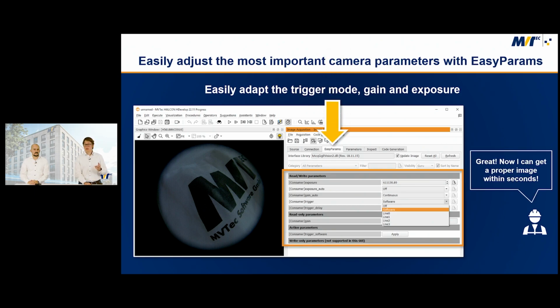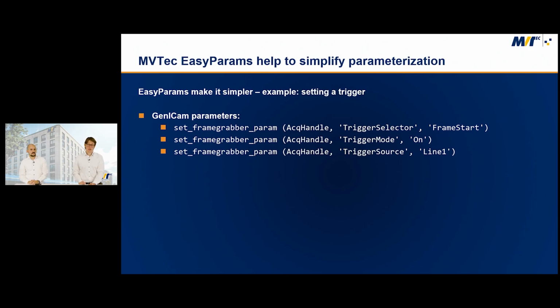Now we think that people who don't use the advanced parameters will be much faster in the setup of their camera. An example of how this makes setup easier is setting a trigger. For setting a trigger, you need to call set_framegrabber_param 3 times.